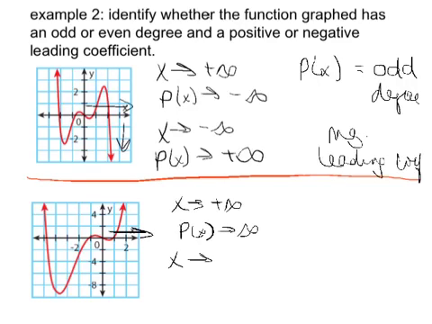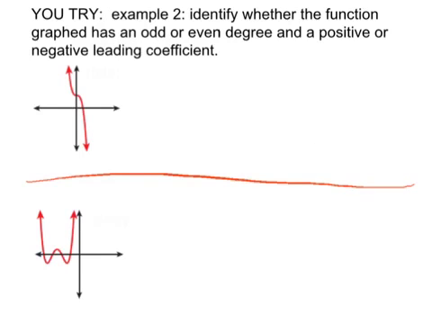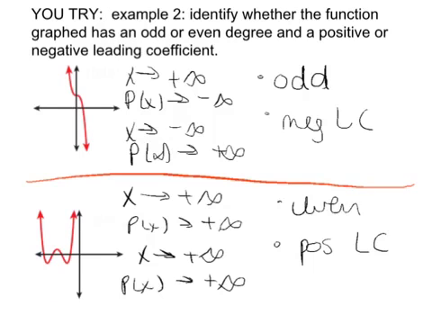As x goes negative, your function is going positive. That just means your function is even degree with a positive leading coefficient. Last slide, you try these two. There you go. That's the first half of the lesson for today.